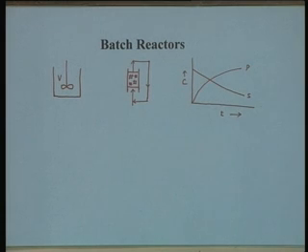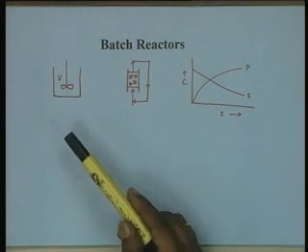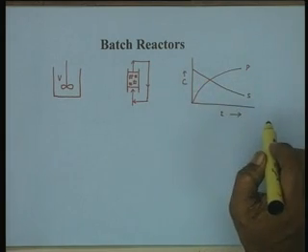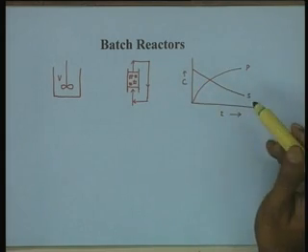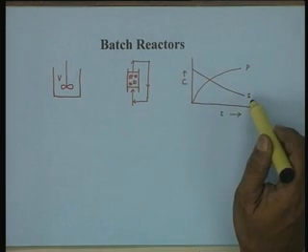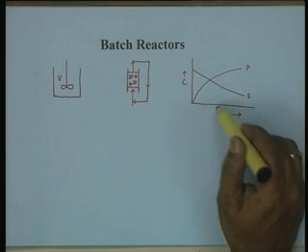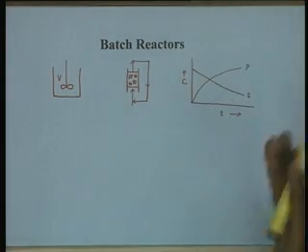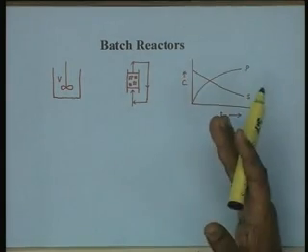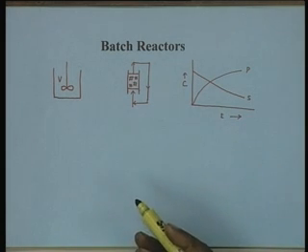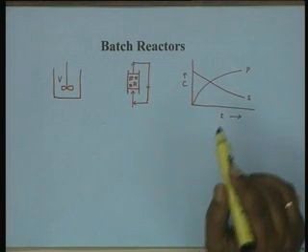You can carry out a batch reactor in a stirred mode or in a packed bed mode with total recycle, and on the right hand side is a characteristic profile of the reaction species, that is substrate and product, with reference to time. The substrate concentration drops, depending upon the extent of conversion which we require, and the product concentration increases. A typical profile, of course, can change from reaction to reaction. If the reaction is very strongly inhibited by product or strongly inhibited by substrate, the profile might undergo a change.